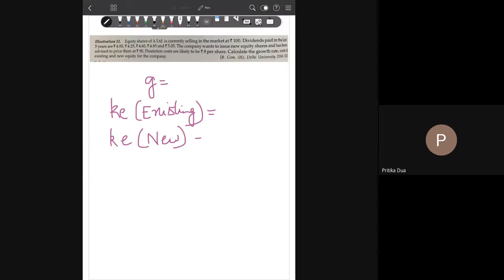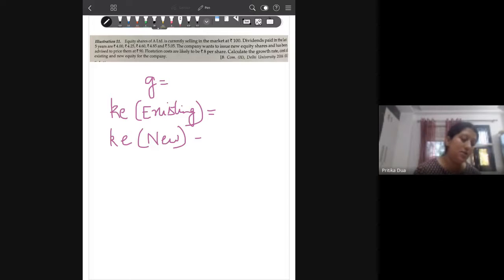So in this question, you need to calculate three things. One is the growth rate. Second is the cost of existing equity. And third is the cost of new equity. Okay, so I can see one answer. We'll wait for 2-3 minutes more and then we'll discuss the answer.